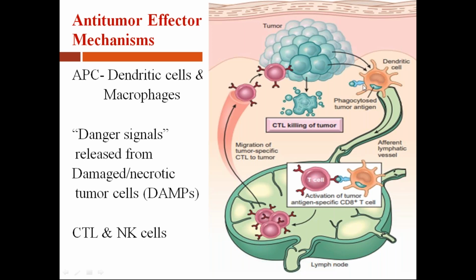This MHC class 1 molecule recognizes the tumor antigens which are released by the tumor cells, and it attaches to the new tumor antigen and phagocytizes the tumor antigen, and then it travels to the nearest draining lymph node through the afferent lymphatic vessels, and it presents the tumor antigen to cytotoxic T lymphocyte, which then destroys the tumor antigen.